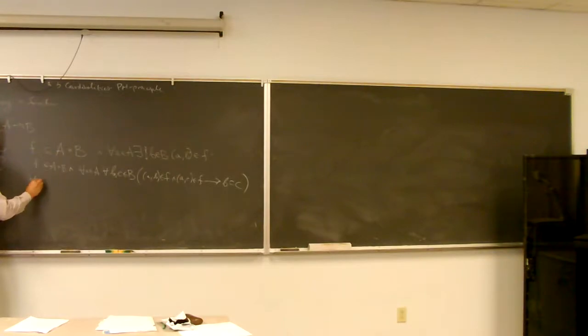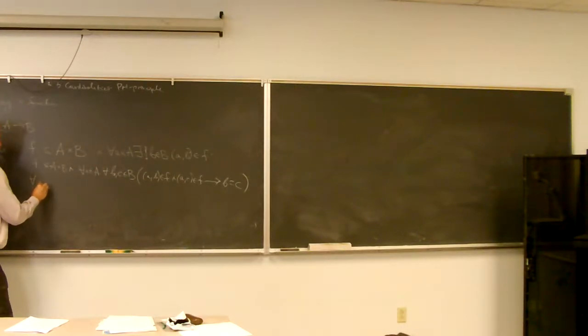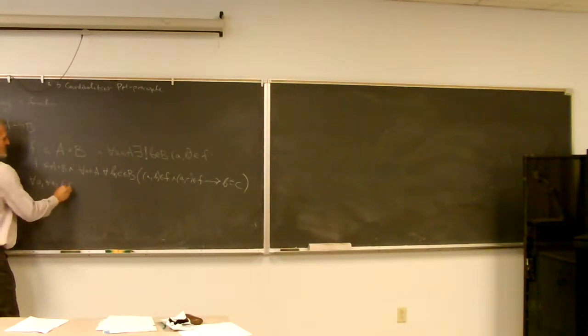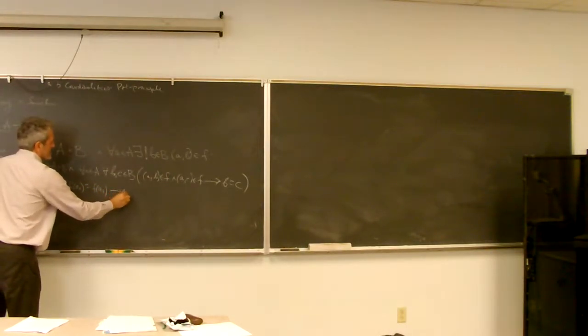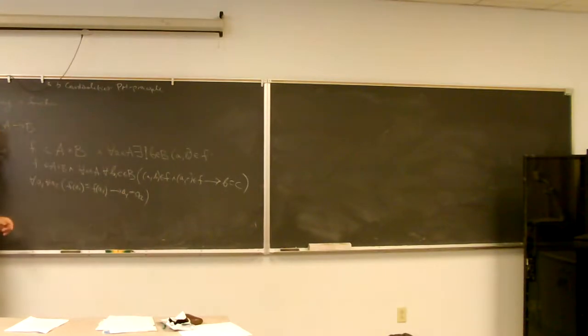For every a1 and for every a2, if f of a1 equals f of a2, if they have the same image, they must be the same themselves. Otherwise a function can have two different inputs producing the same output, but if function is 1 to 1, that's not allowed.